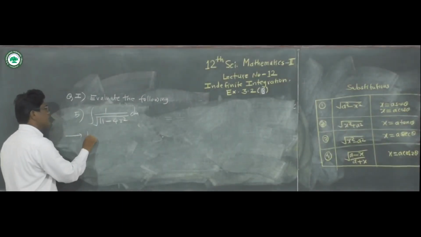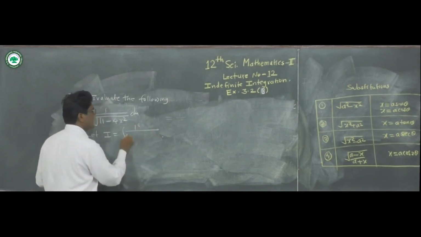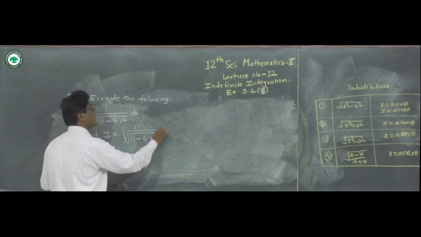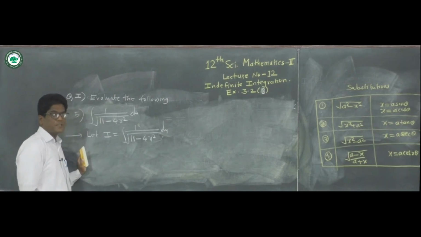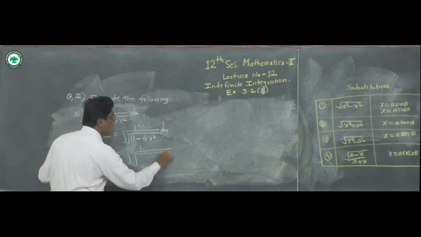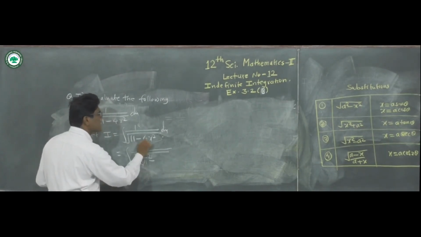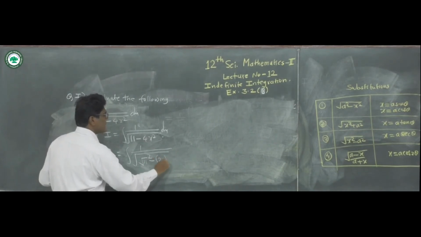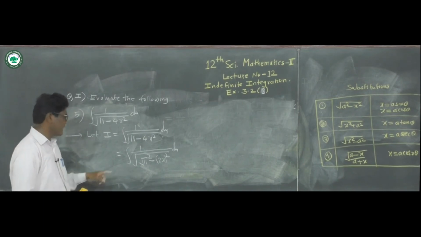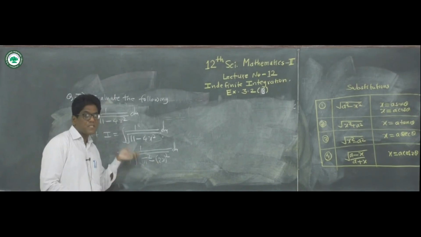Let I is equal to integration of 1 upon under root of 11 minus 4x square dx. Now here 4 is a complete square. So we write this as integration of 1 upon under root of root 11 square minus 2x bracket square dx, and remember this very important formula: integration of 1 upon under root of a square minus x square, constant square.